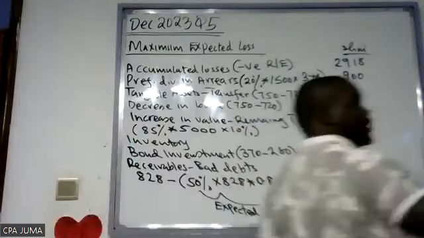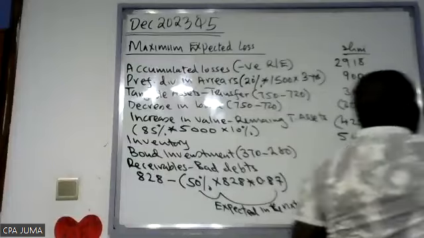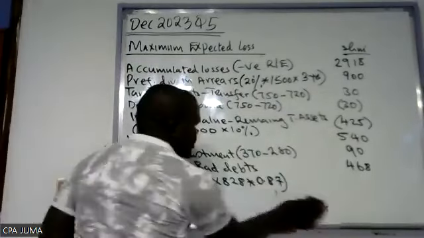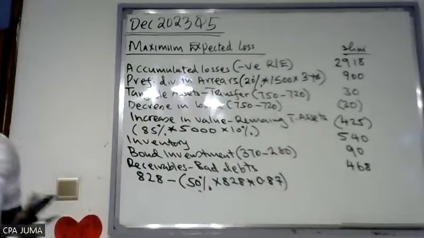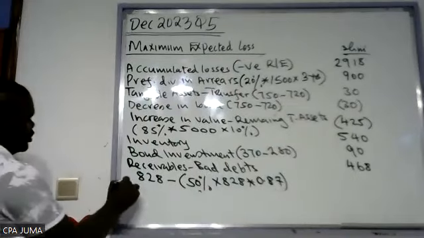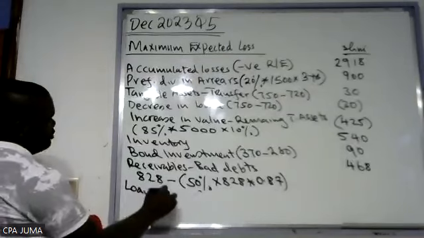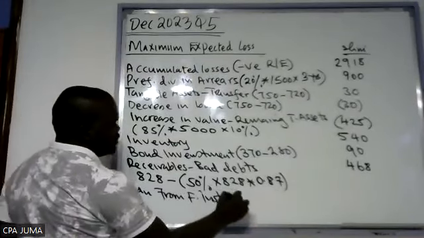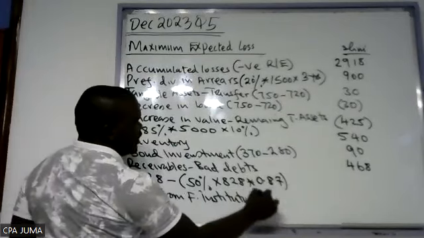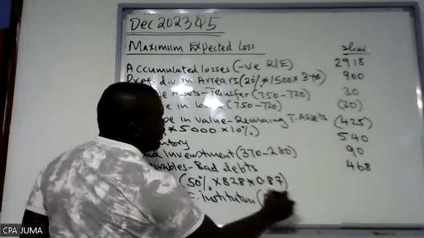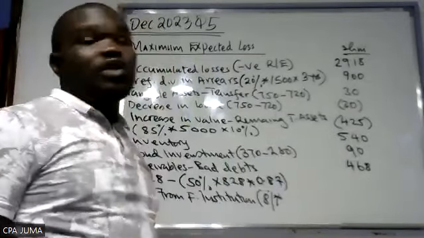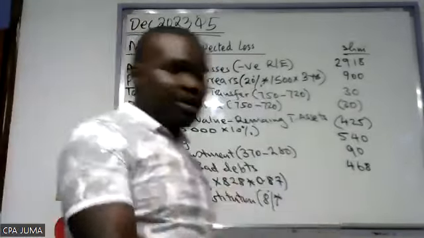So we need to bring it here. Loan from financial institutions. They accepted 92. It means they will lose 8. The loss on their side is a gain on our side, because with them they are losing.